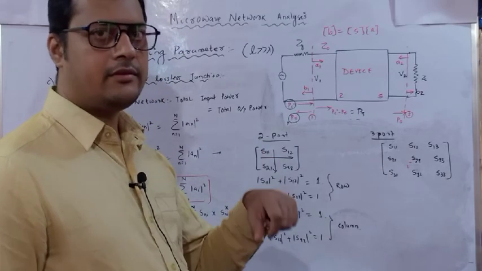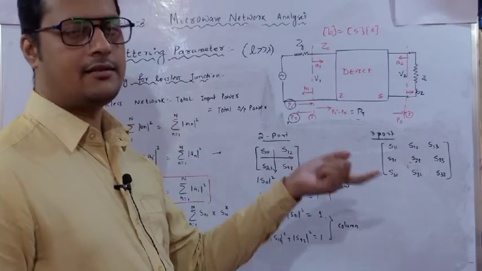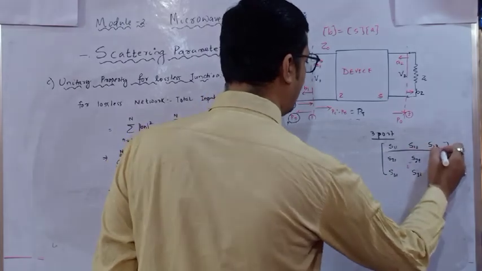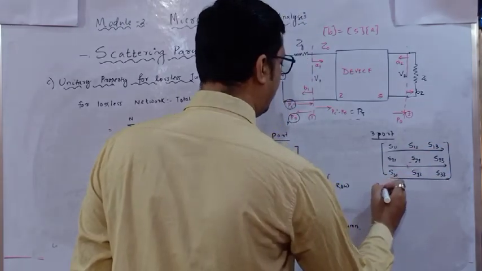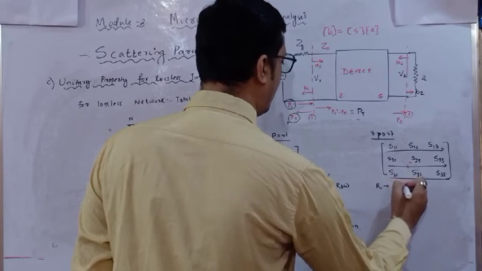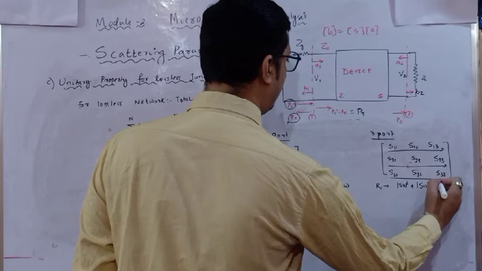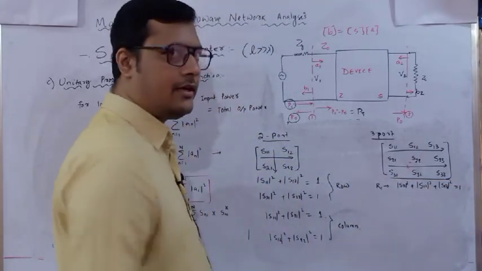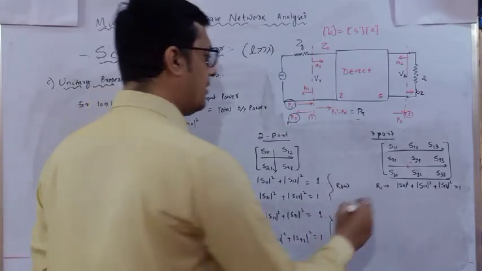If you take the individual squares and add them, and the resultant is 1, then we can say it is a lossless network. Taking row 1, mod S11 square plus S12 square plus S13 square equals 1, if that holds, it is a lossless network.